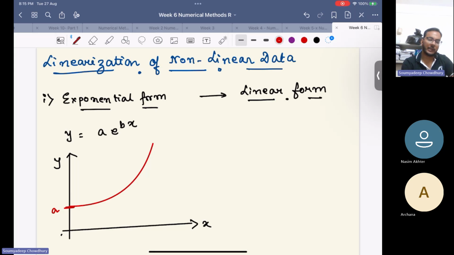So how will you linearize this? Any idea? If you change these y and x variables, how will you get a linear form of this function? Means you have to express y equal to a e to the power bx in the form y equal to mx plus c. Any idea on how we can do that?